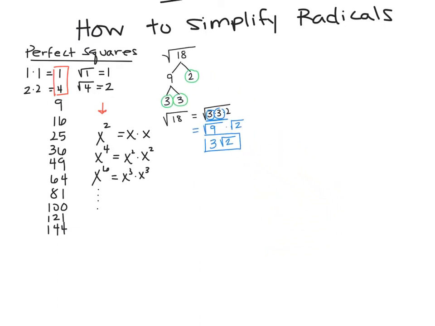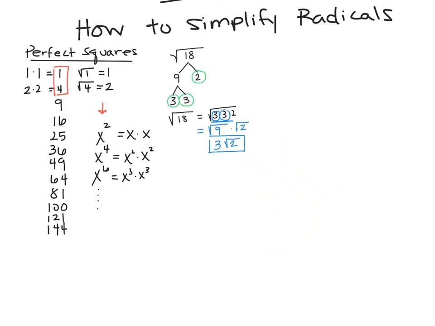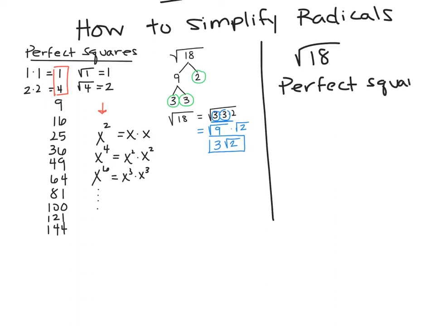So there's the first way that we learned how to do the square root of 18. We do the square root of 18 again, but this time we're going to look at it a different way. This time I want you to think to yourself, what is the highest perfect square that goes into 18?